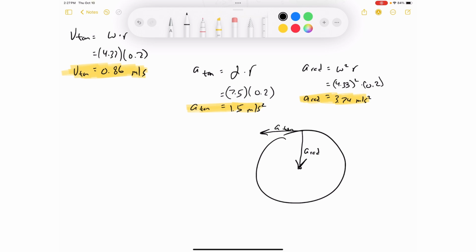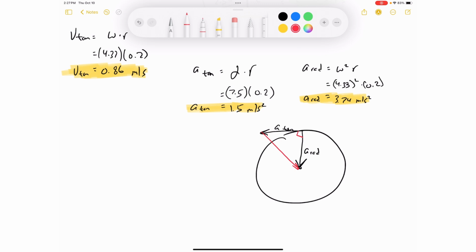It's tangent to the circle, or like how fast the wheel is hitting the ground. But if you want to find your overall acceleration, you have to put those two together, and create a triangle. Here's your triangle there, and so you have your two components.